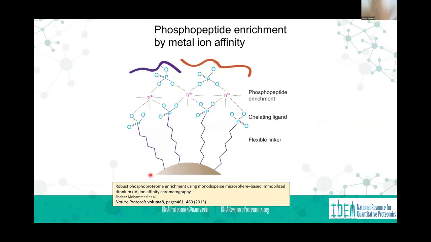Now, what do we do to get over the problems of these low abundance and stoichiometry? We enrich, and it's not nearly as good of an enrichment, I think, as everybody thinks it is. It's not like we're using an antibody-based, very specific enrichment. You can do that for phosphotyrosine.